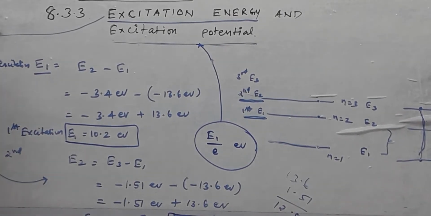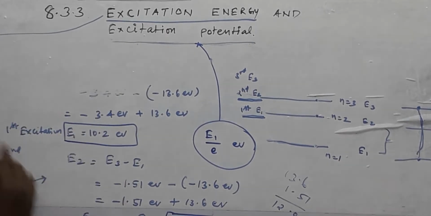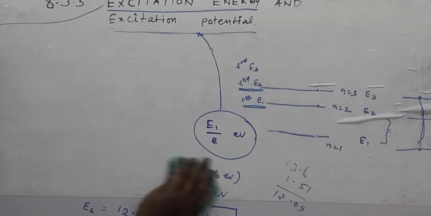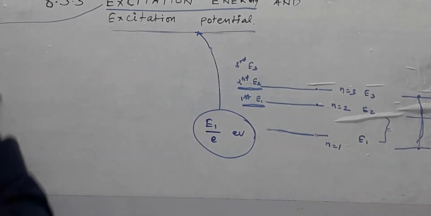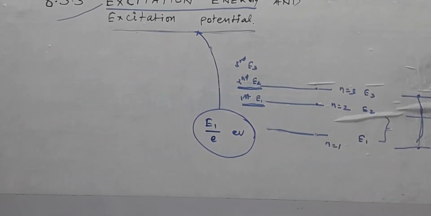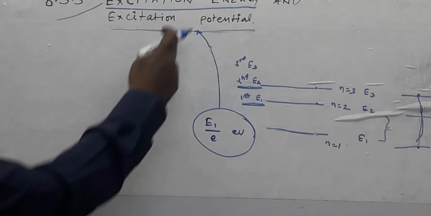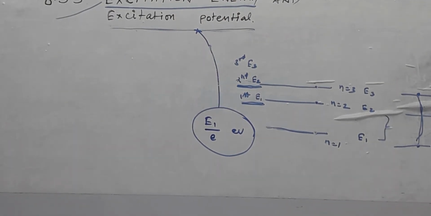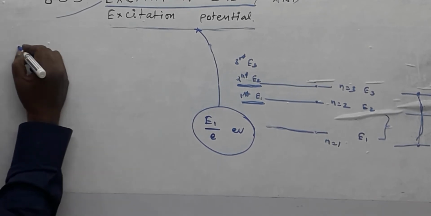Now we have to calculate the excitation potential. These are the two things, excitation energy. Now we are going to derive an expression for the excitation potential. What is meant by excitation potential? Excitation potential is defined as excitation energy per unit charge. Suppose you want to find the value of E1.